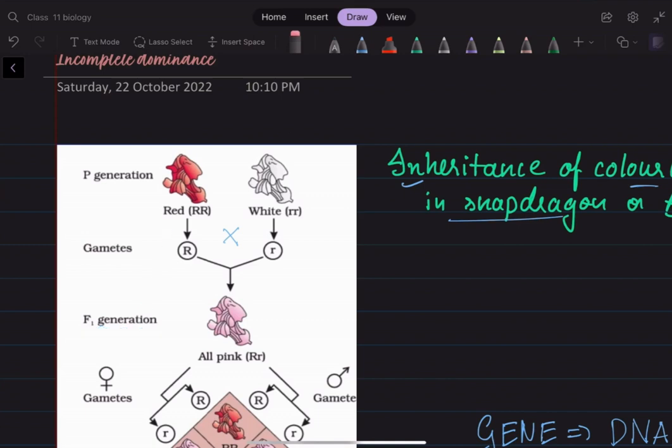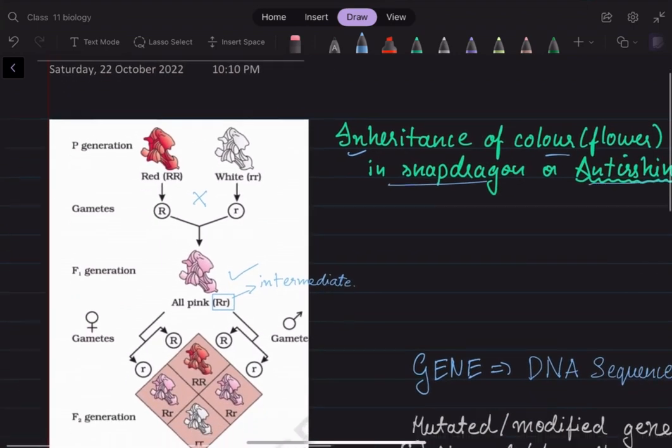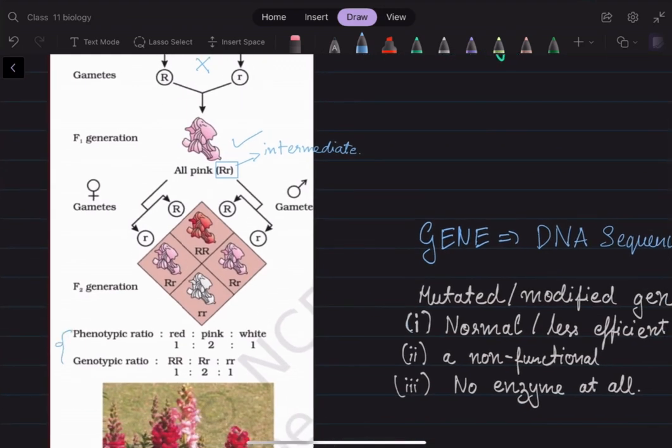So we get an intermediate character, that is, we get all pink colors. As I told you, the heterozygous condition here is an intermediate character.